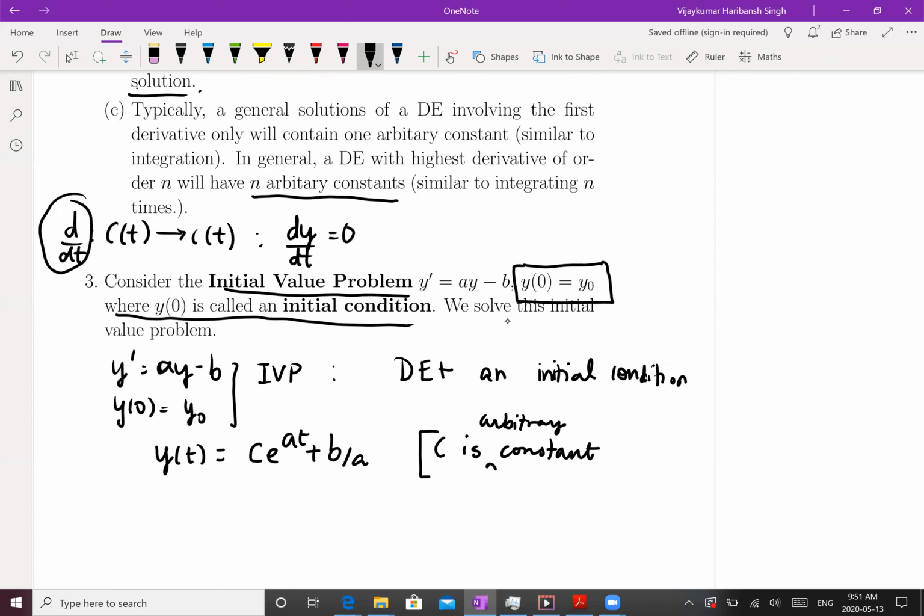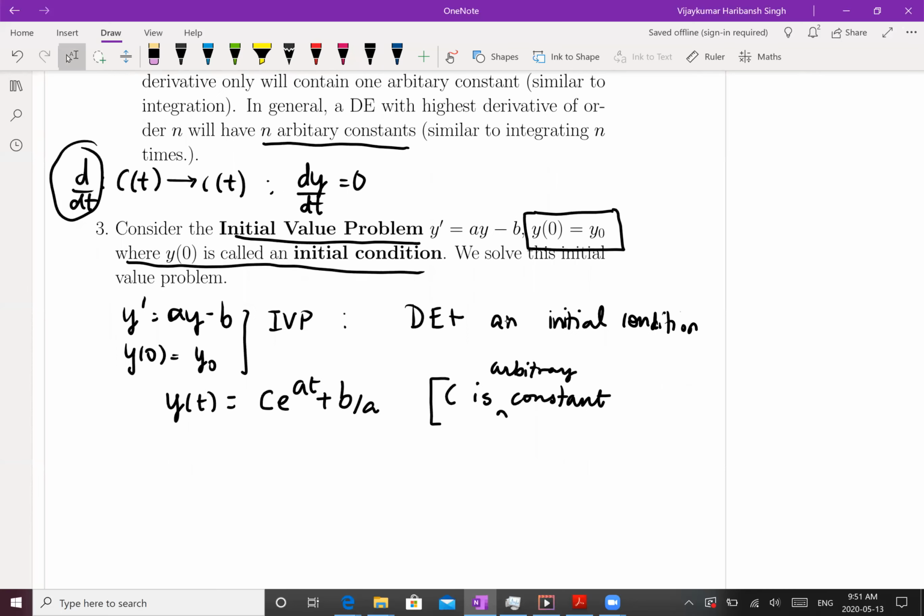However, now that we are given y(0) = y0, let's see what this c could be. For y(0), I put t = 0 and get e to the power 0, so it is c + b/a. On the other hand, I'm given y(0) = y0, the value of the function at 0.